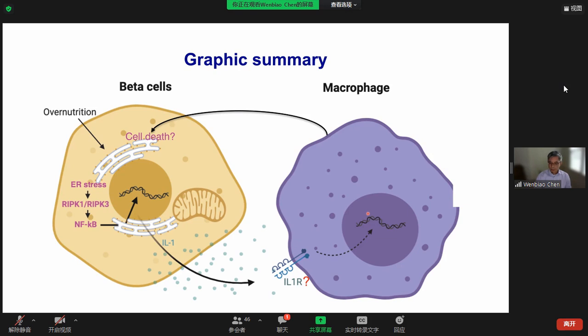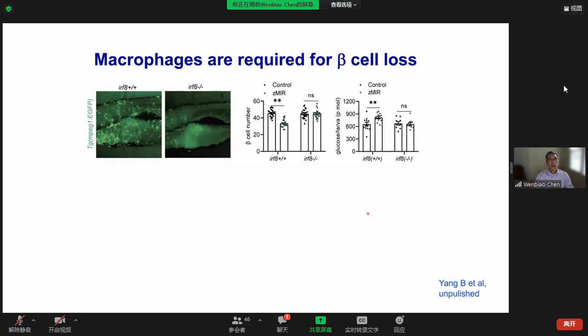So to answer that, we thought that if we can get rid of macrophage and we protect beta cells, then at least macrophage is necessary for beta cell loss.